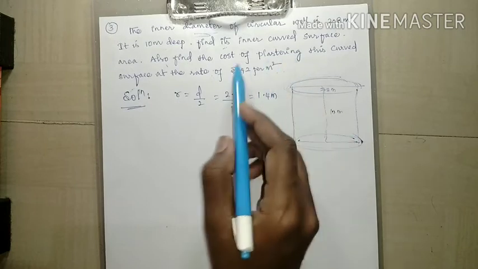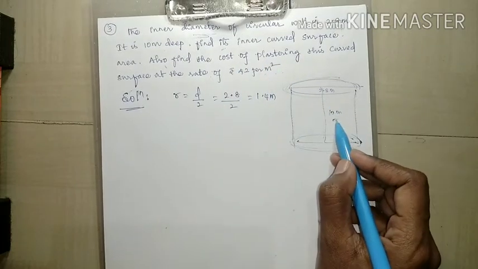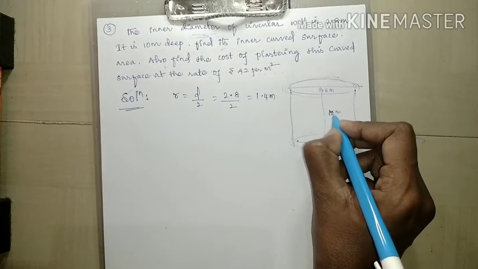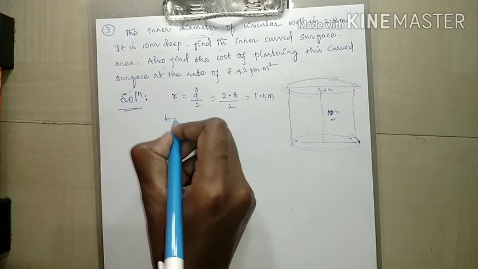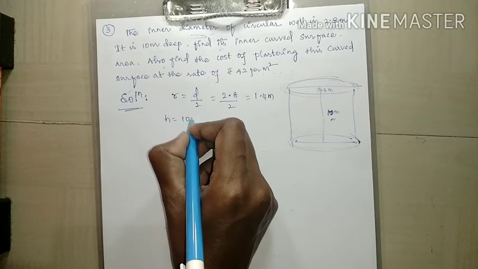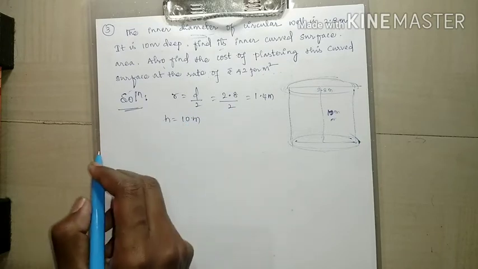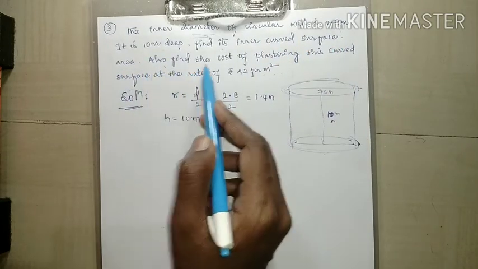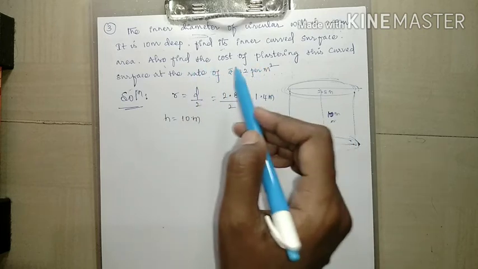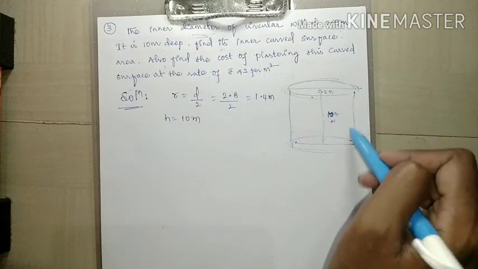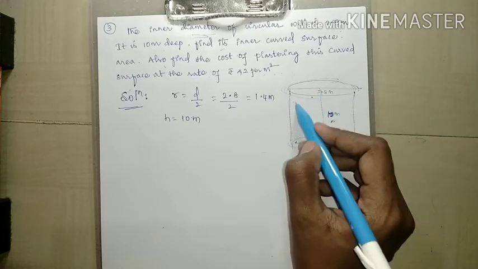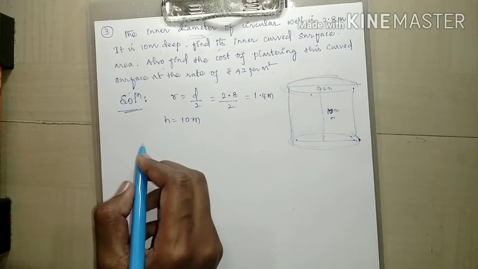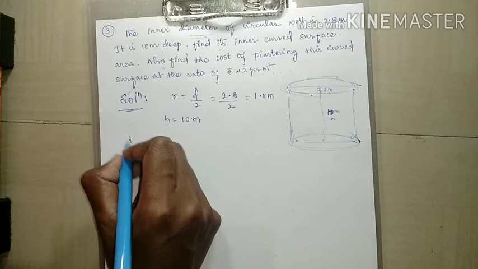And height is given, the depth is 10 meters. So height equal to 10 meters. You have to find out the inner curved surface area, and also the cost of plastering the inner curved surface area.